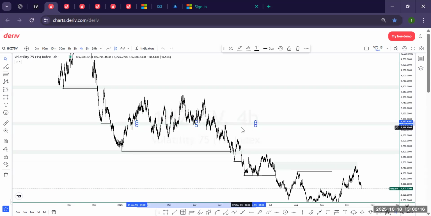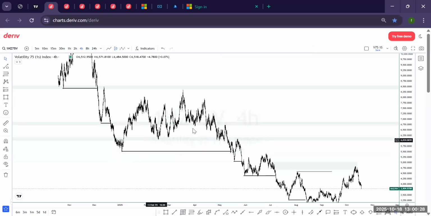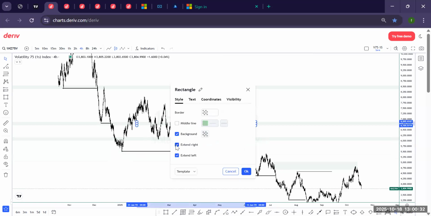So now here also, can you see it now? Yes. How can one draw this line? It's still the normal long position tool. Just double click it, click on extend right, extend left.